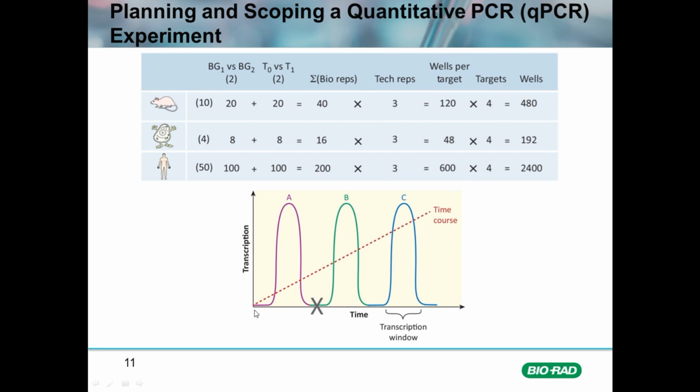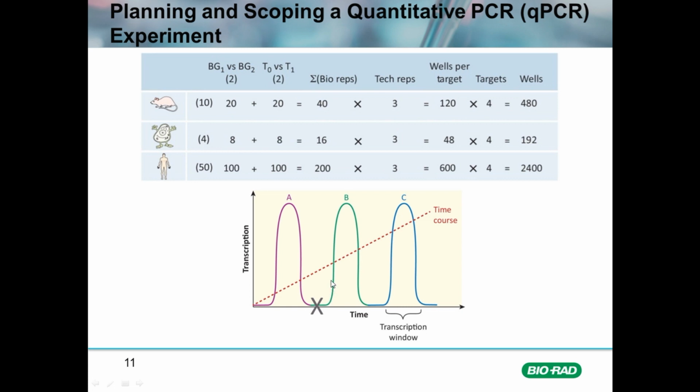it's often found that different genes, in this case gene A, gene B, and gene C, are transcribed at different times after treatment. So if this is T0 of treatment, gene A could transcribe very early after treatment and then regulate back to baseline.